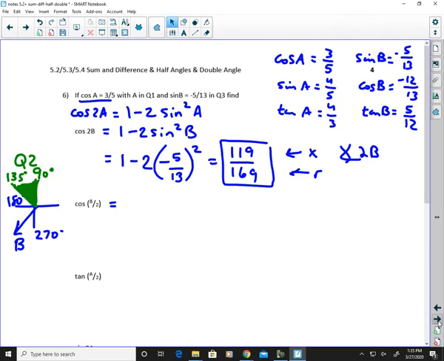So this time I'm just going to write the formula without the A. I'm going to go right to the B and write the formula. I know that cosine in quadrant 2 would be negative. And now I'm writing my formula.